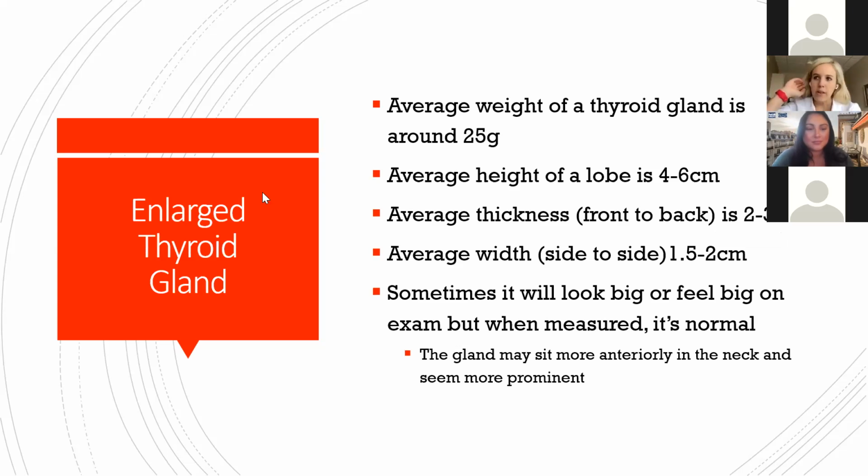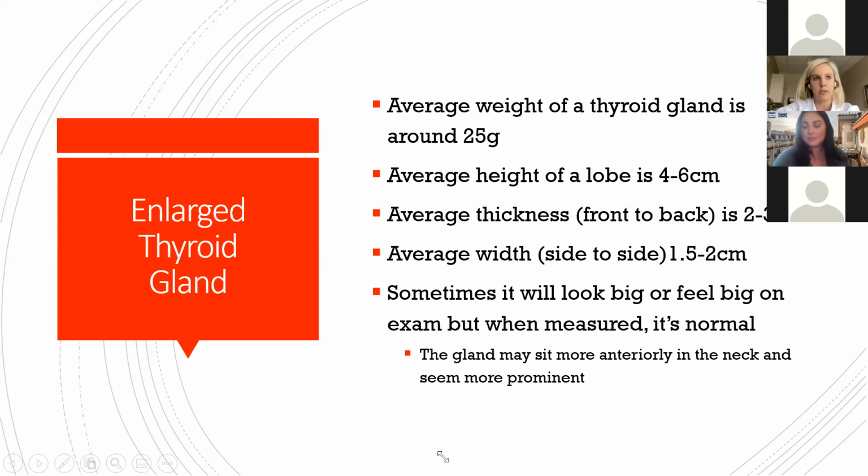So the average weight of a thyroid gland is around 25 grams. I don't think that they usually put that in most ultrasound reports, but they always should put in the measurements. So height, from top to bottom, the average height of an adult thyroid gland is about 4 to 6 centimeters.